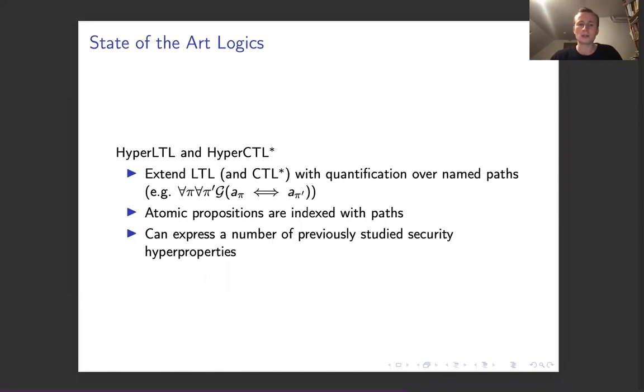So as you can see here, we have universal quantifiers with names attached to them, namely pi and pi prime. And now in the innermost part of the formula, the atomic propositions can refer to the names. And this allows us to compare and relate different paths and thereby also express a number of previously studied hyperproperties that motivate the study of hyperproperties altogether.